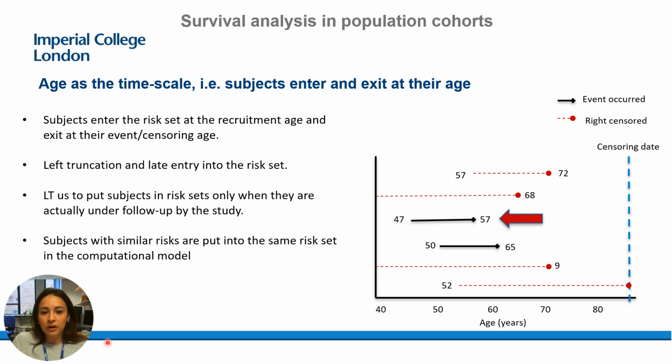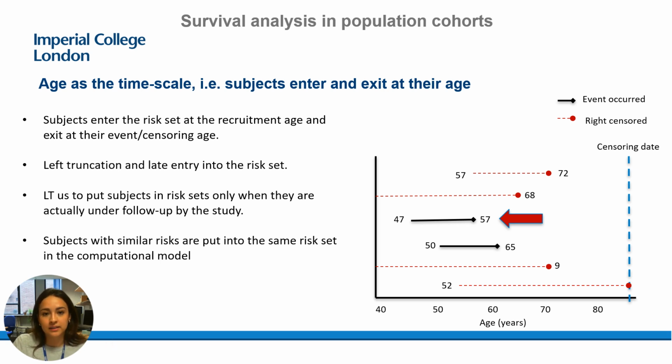So really, it is recommended to use age as the timescale, which puts subjects with similar risk in risk sets together. In our case, it is more appropriate to use age as the timescale to accurately analyze the UK Biobank dataset.